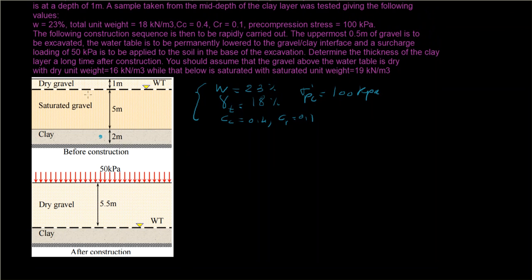So whenever we have two-stage problems, I always like to calculate the stresses before I even read the question. Let me show you that. Let's say at stage 1, before construction, my total stress for now is equal to 1 meter of dry gravel plus 5 meters of wet gravel.